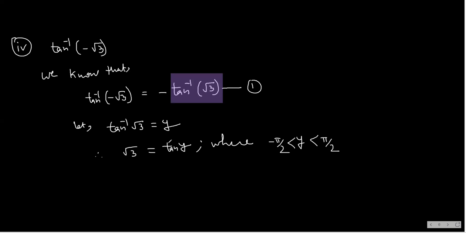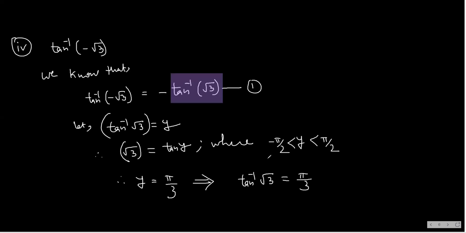So now you tell me, if tan of y is root 3, what could y be? Therefore, y equals pi by 3. You got y as pi by 3, and what was y you had assumed? You had assumed y to be tan inverse root 3. So this implies tan inverse of root 3 equals pi by 3.